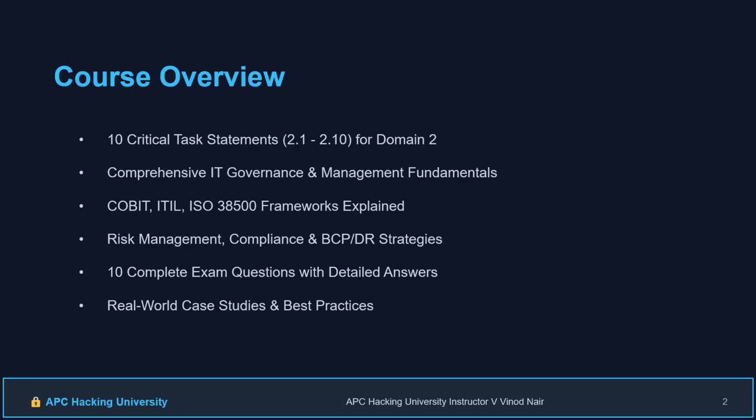For example, if there is no control criteria in your organization, you have to implement that. That is the requirement. That is what you will look at overall in the governance and management of IT.